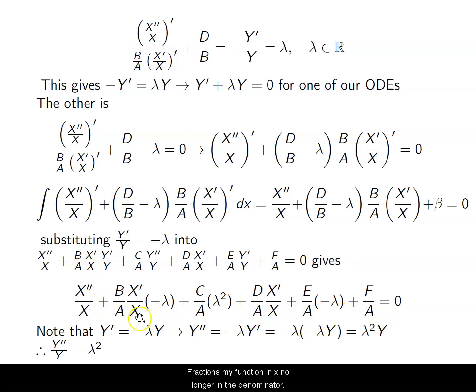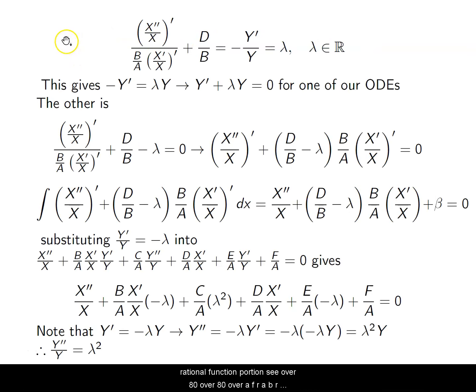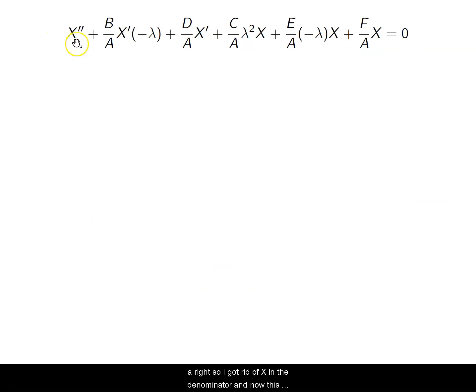My function in x is no longer in the denominator, right? So we multiply times x everywhere, okay, not by a, sorry. So I got rid of the rational function portion: c over a, d over a, e over a, f over a, b over a. Those are just constants, right? I got rid of x in the denominator, and now this looks more like a differential equation.